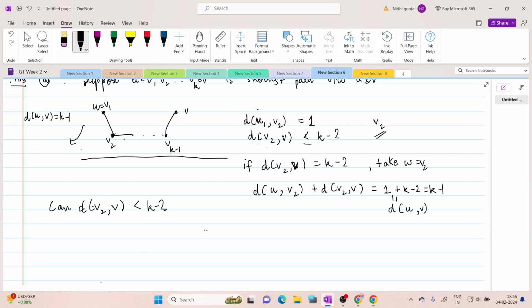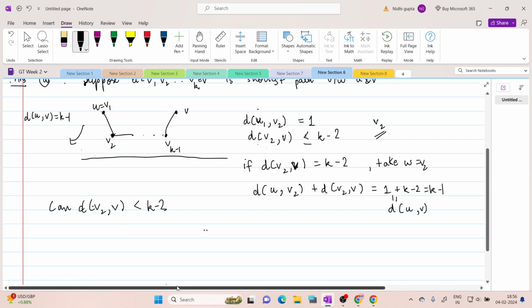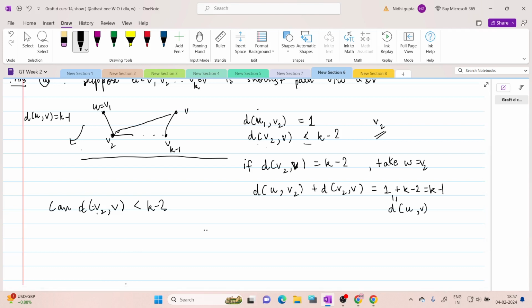Is it possible that we have some smaller path between v2 and v? Not possible. Otherwise, the value of the shortest distance could have been less than k minus 1. So if d(v2, v) is less than k minus 2, then we get a path from u to v2, and then from v2 to v.